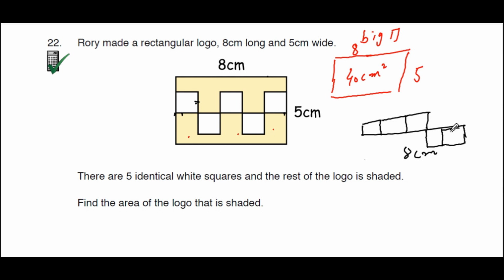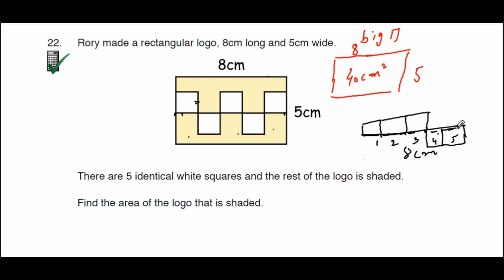Doesn't matter that I have made the 2 boxes under the line, but they are over the line. It means in how many parts I have divided this line? 1, 2, 3, 4, 5, right? 5 squares are there. So can you tell me what will be the length of each side?